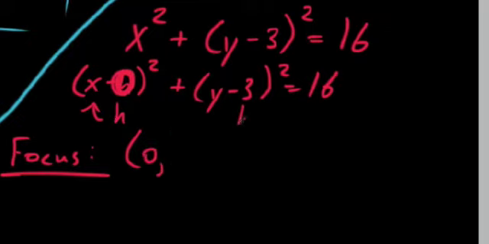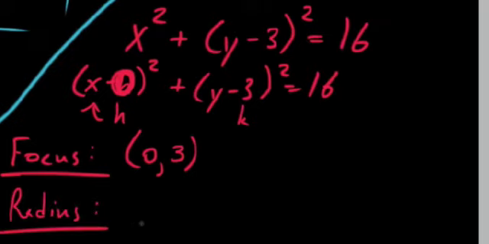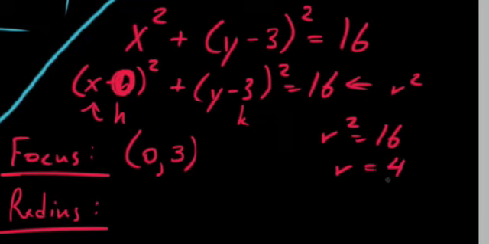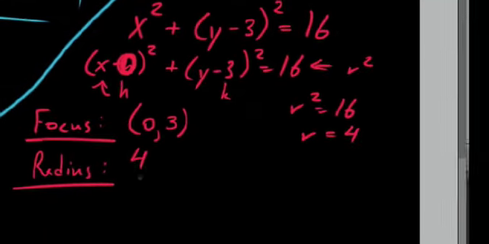In this case, we say k. Now recall that k is backwards. Okay, so if this says -3, what we really want is the +3. And so what's the radius of this circle? If this right here represents r squared, then r squared equals 16, which would imply that r is 4. Okay, so we say radius of 4.